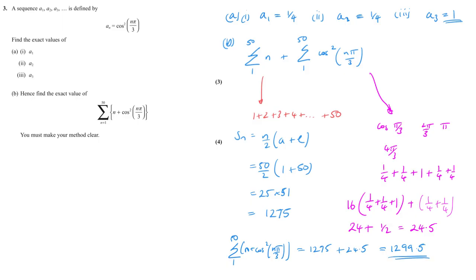Sorry, it says exact value, so that means as a fraction. So 2599 over 2. And there we have it.